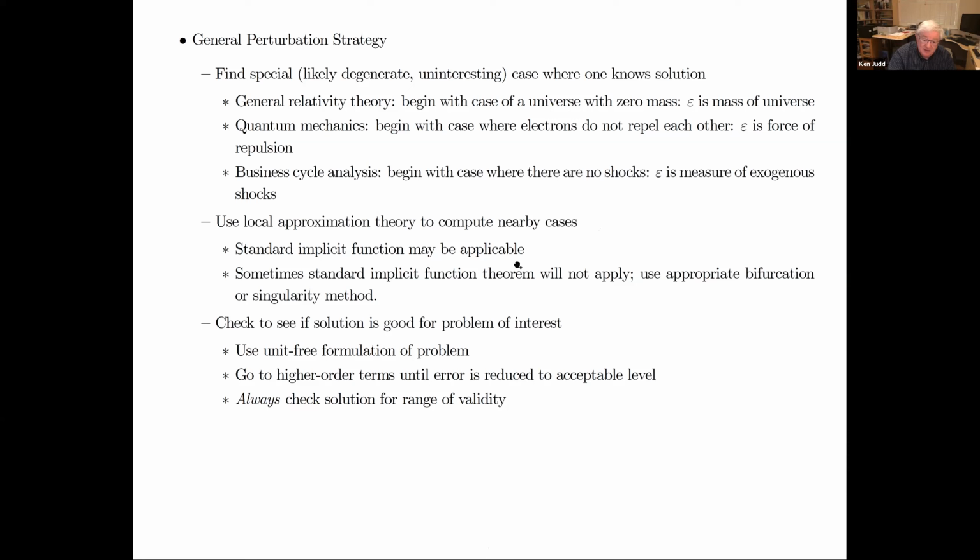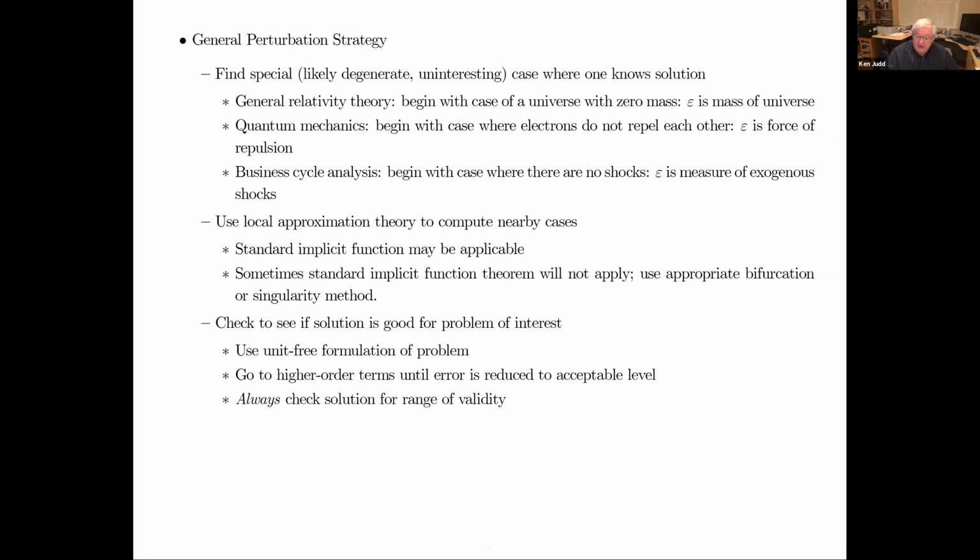Now, sometimes the standard implicit function theorem may be relevant. Sometimes there isn't one, or in the business cycle case, I doubt you've ever seen a theorem justifying what's done. But again, that doesn't matter, because once we have the solution, we can check the quality. Now, by the way, I've never seen any macro paper doing any perturbation or log linearization where they check the quality, because quality doesn't matter.